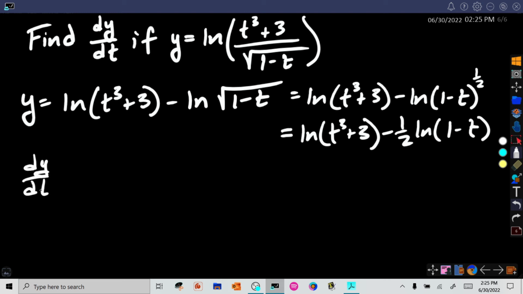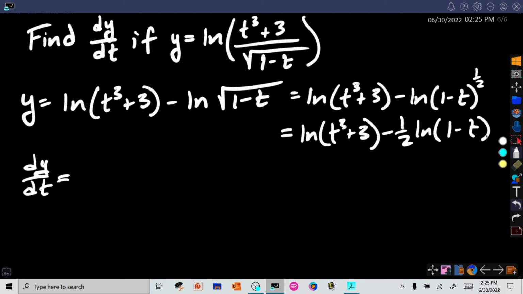dy dt. So we'll do one piece at a time. Again, think about that minus sign as separating the two completely out, so you don't have to worry about any kind of quotient or product or anything like that. It's just the derivative of this thing, in this case subtracting the derivative of that thing.